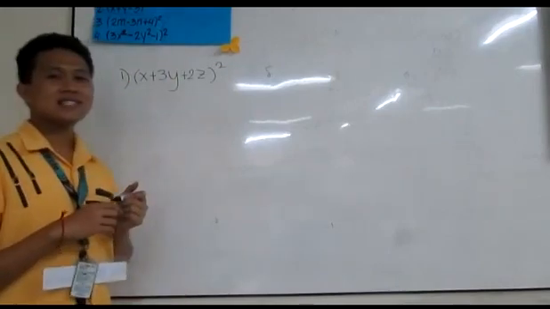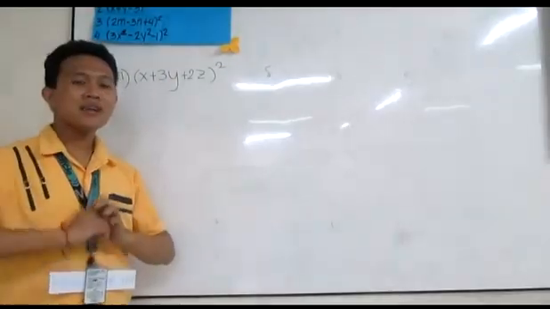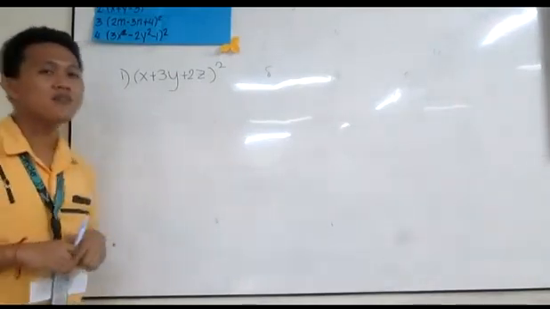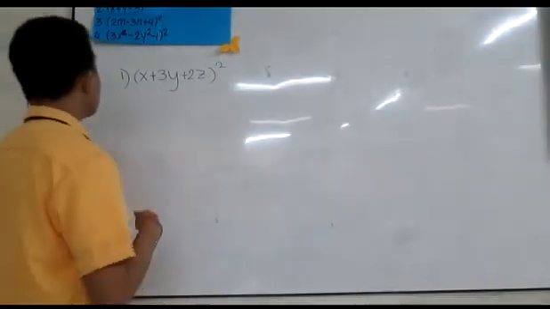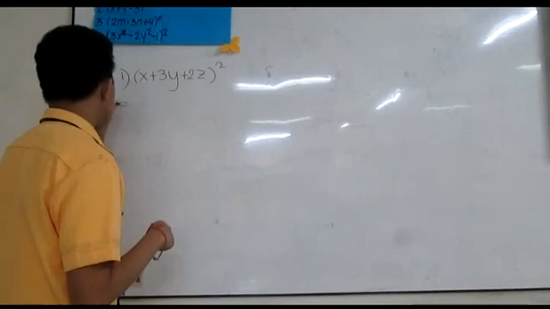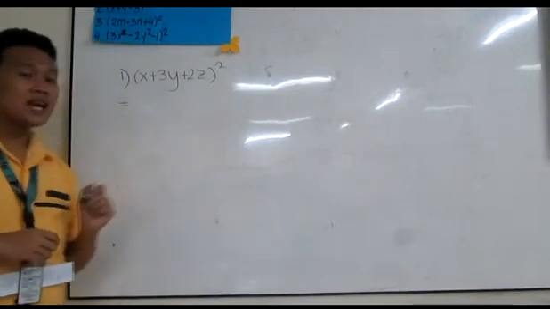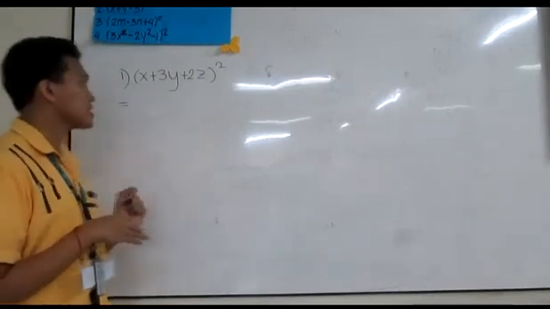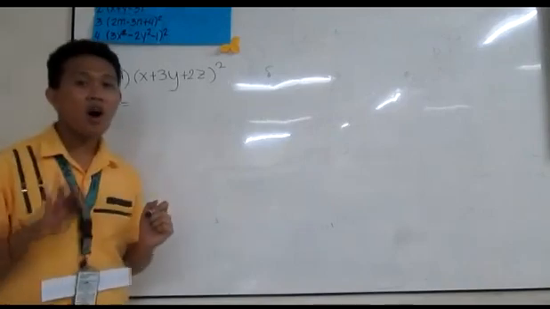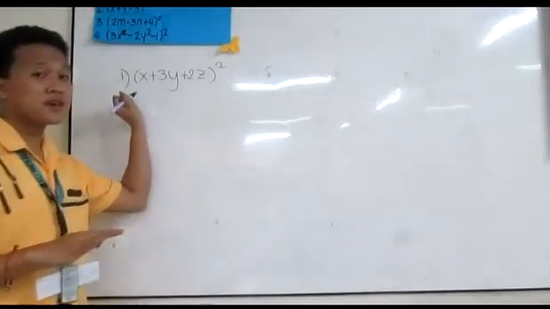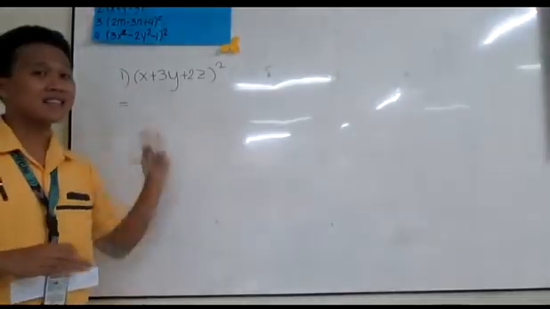So given this expression, we are going to use the first formula of the square of a trinomial, which is simply, the first one is square all the terms. The first term, the middle term, and the last term.